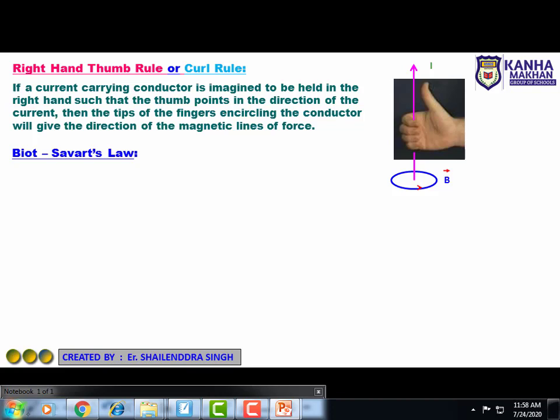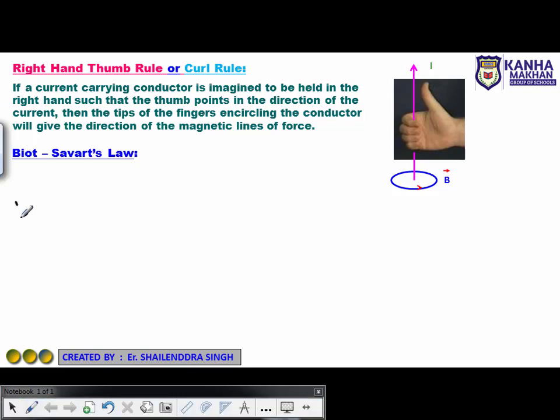In the same year, 1820, French scientists Biot and Savart, two different scientists, performed a series of experiments to study the magnetic field produced by various current carrying conductors, and formed a law to determine the magnitude and direction of the magnetic field produced by that conductor.